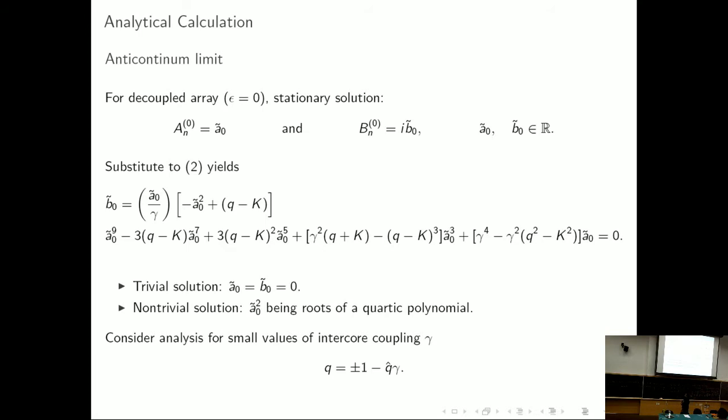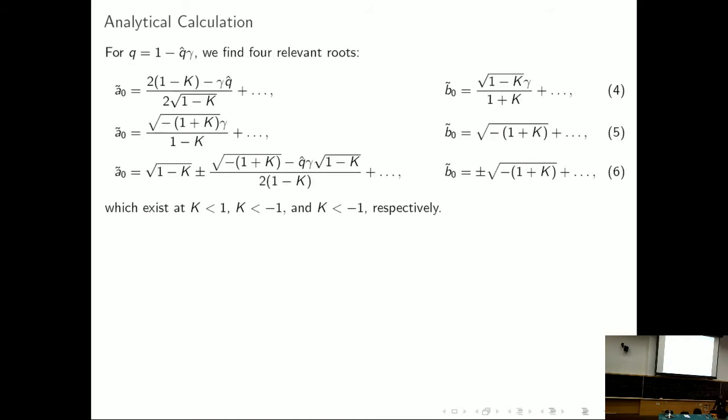Now again we are interested in the case where this Q is around plus minus 1, which we can scale anyway. And then we are also interested in the value of intercore coupling, which is small. So we consider these two cases, and for the first case we have 4. Well, there are 3, but actually there are 4 because the last one is plus minus.